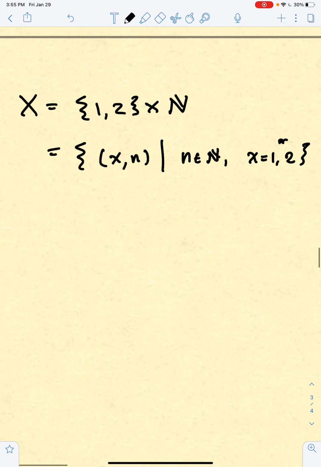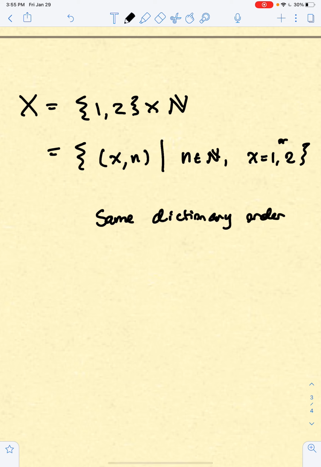I just spit on my iPad. Oh, nice. Good job, Brian. And I give this the same dictionary order as before. It's just ordered pairs of things, so I can define the exact same type of order.